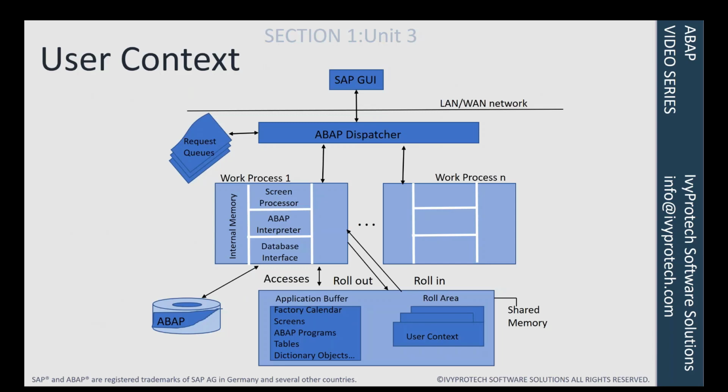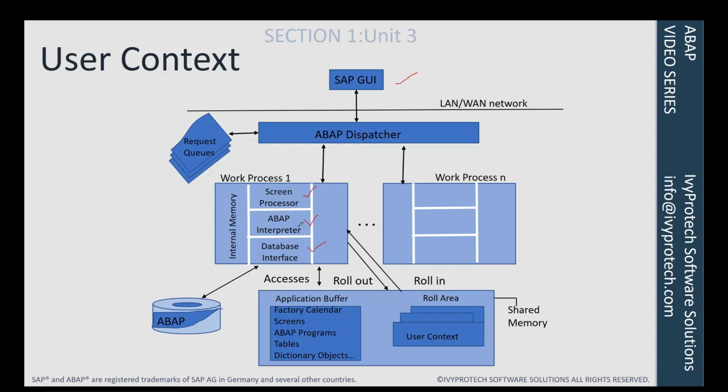If you see here in this image, we have this SAP GUI where the user is connected. He is connected to the dispatcher. Whenever he makes a request, the request goes to the dispatcher, and it will assign it to a free work process. Within the work process, we have the screen processor, ABAP interpreter, and database interface.